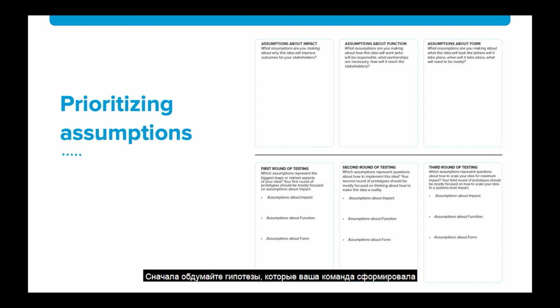So, first, reflect on the assumptions your team generated during the building blocks and storyboard your idea activities. And using this tool, categorize your assumptions. And finally, prioritize the assumptions your team needs to test in the first round of prototypes, the second round, and the third round of testing.